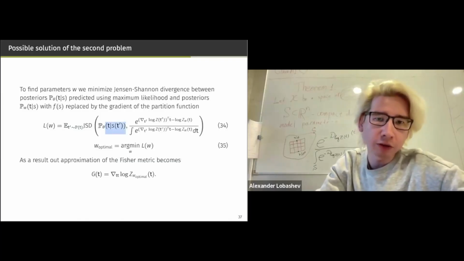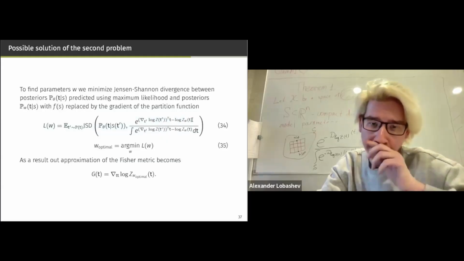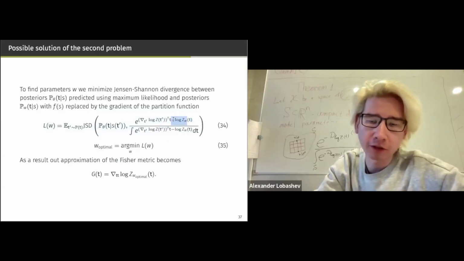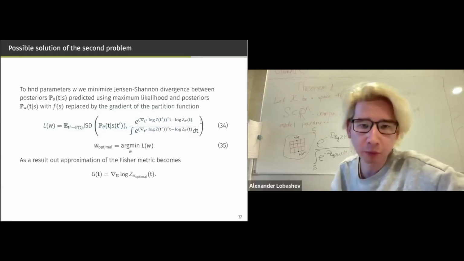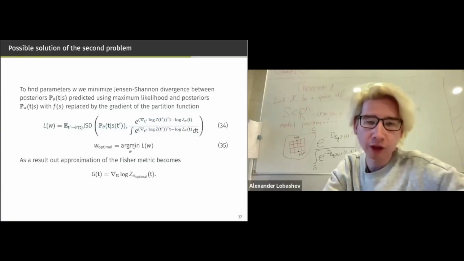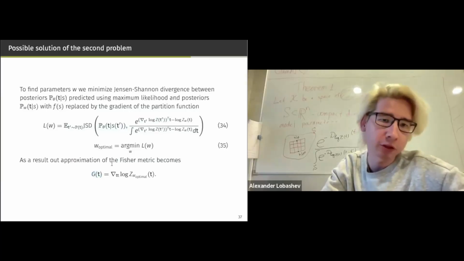And the final loss is that here we have the posterior distribution predicted by the UNet, and here we have the posterior distribution predicted by our parametric family of convex functions. We just minimize this Jensen-Shannon divergence, and main theorems 1 and 2 guarantee that we will recover the true Fisher metric.